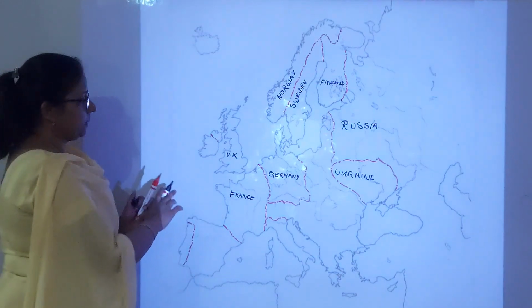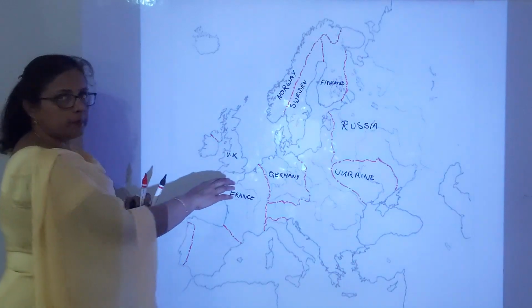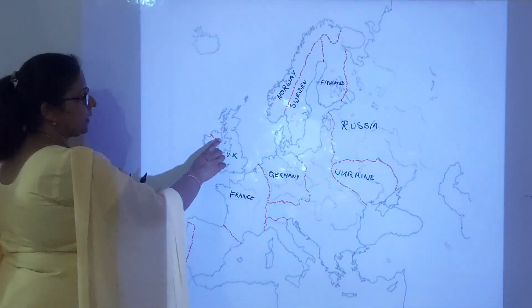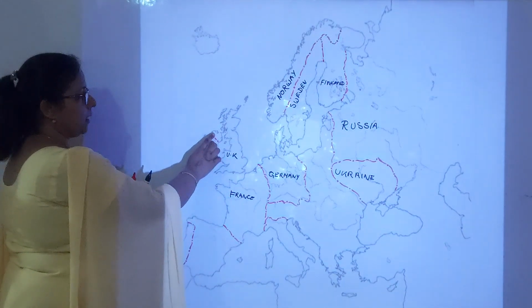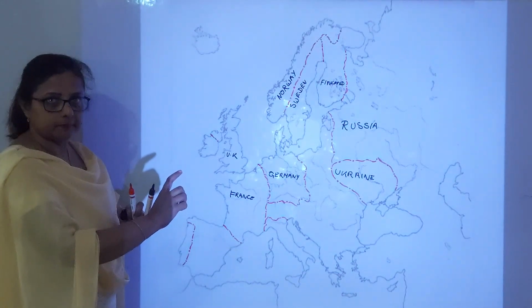Now please remember that the northern part of Ireland also belongs to the United Kingdom. So please color this island of United Kingdom along with the northern part of Ireland with the same color.